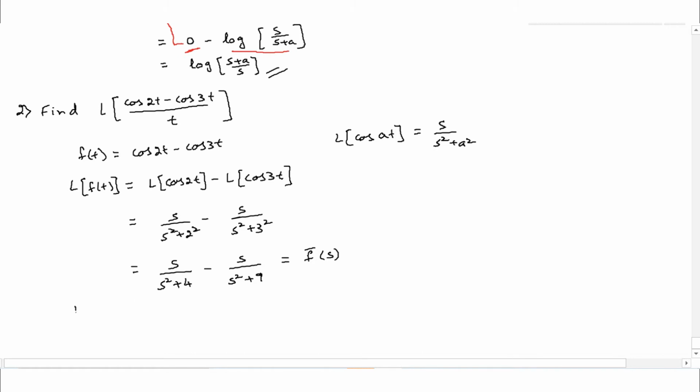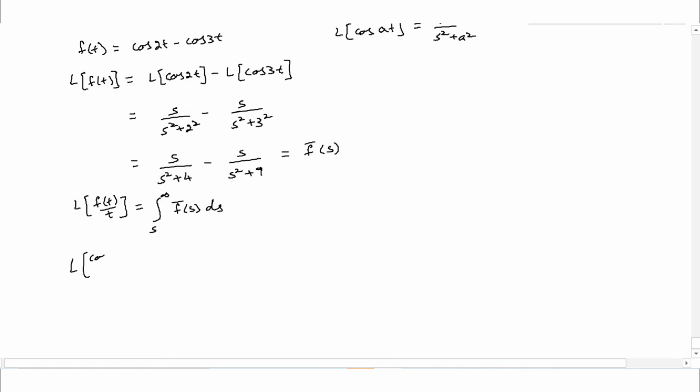Now if I divide f of t by t, you will be getting the formula to be equals to Laplace transform of f of t by t. You will be getting the formula to be integral s to infinity f bar of s into ds. So now if I write down Laplace transform of f of t value, we know it is cos of 2t minus of cos of 3t whole divided by t.